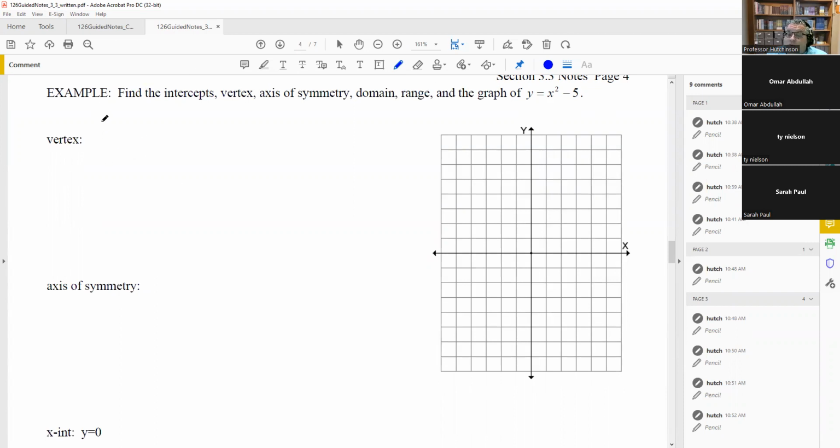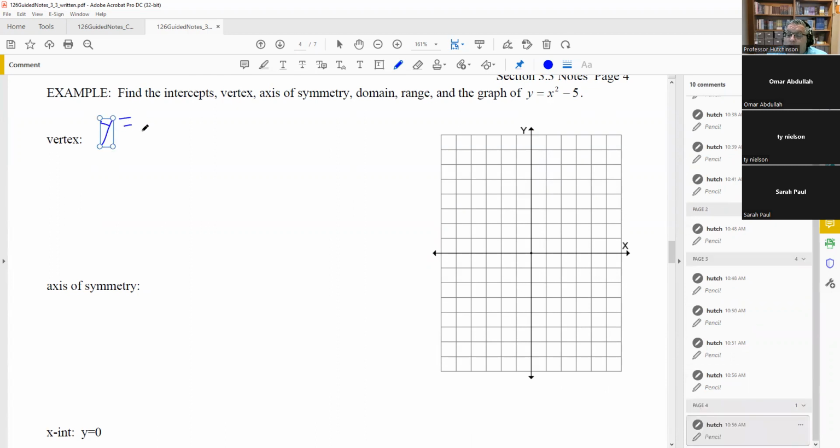In this case, we really have y equals x squared plus 0x minus 5, because there's no middle term, so it's really a 0x. If you use the vertex formula, negative b over 2a, you have negative times 0 all over 2 times 1, and we get 0. So the x coordinate of the vertex is 0.